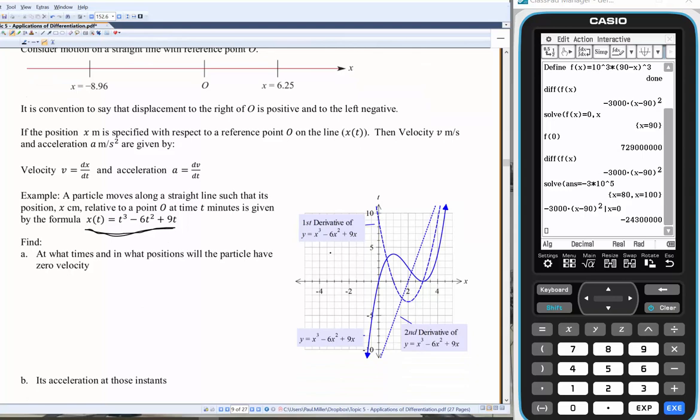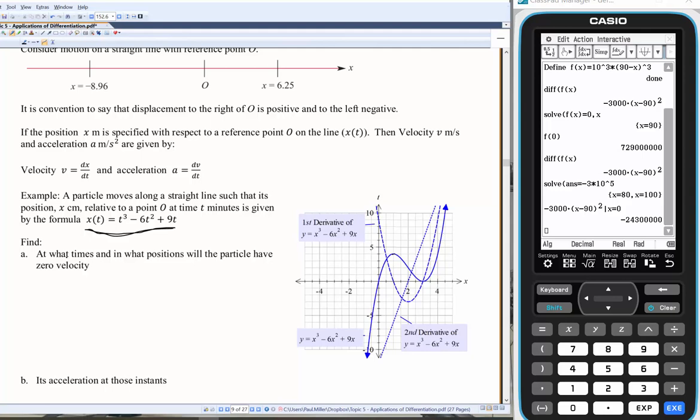So the particle moves to the right, gets to this point here, the turning point, changes direction, and it's still to the right of the origin, but it starts moving left, gets back to the origin here, and changes direction once more, and moves towards the right again, still on the right-hand side, but moving right.